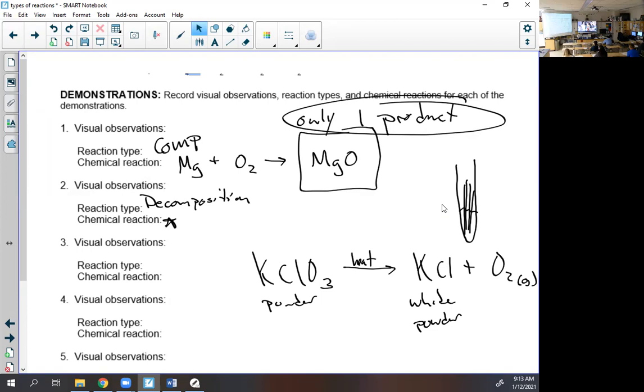Now, we know in order to burn something, we need oxygen, right? Inside this test tube, I'm going to have a supply of pure oxygen. So they should burn a lot hotter than your campfire. Campfires are red and yellow. If I do this right, we should get white light, which means it's a lot hotter. All right, so go ahead and balance that real quick.